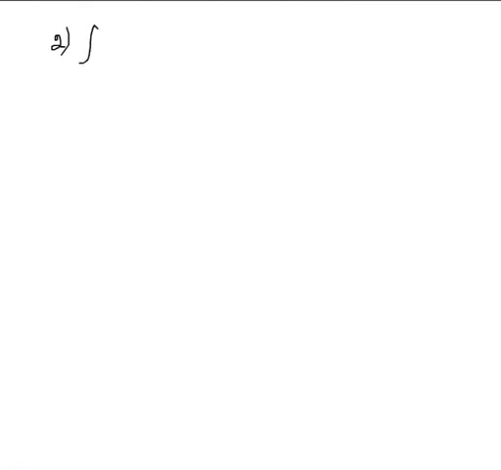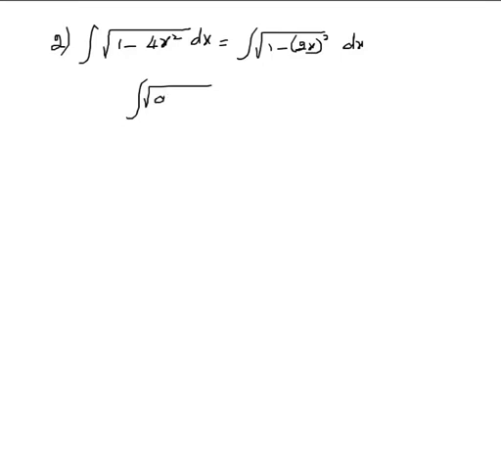Second question. Integral root of 1 minus 4x square dx. Let us write this as 1 minus 2x the whole square, and use the formula of integral root of a square minus x square dx.